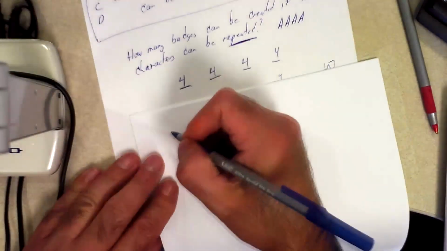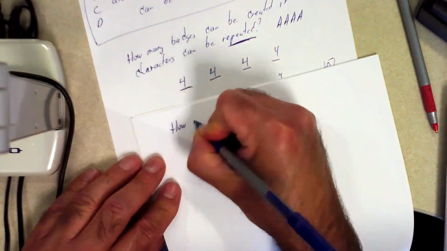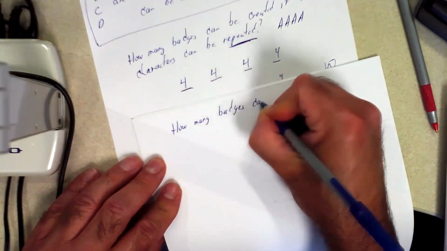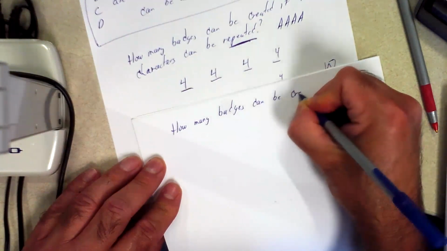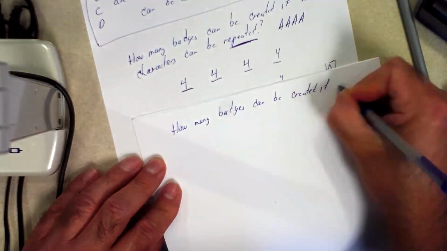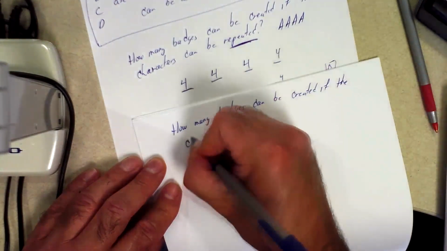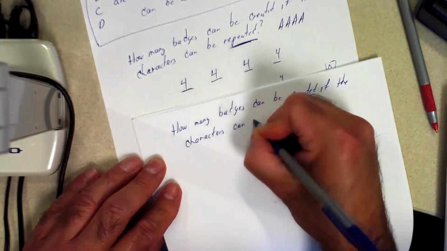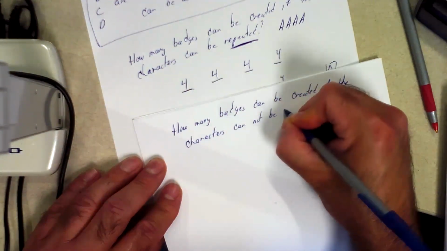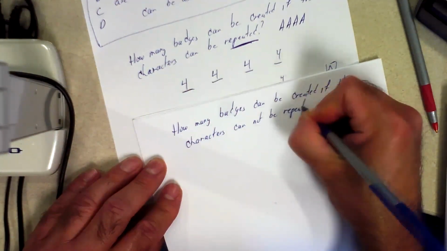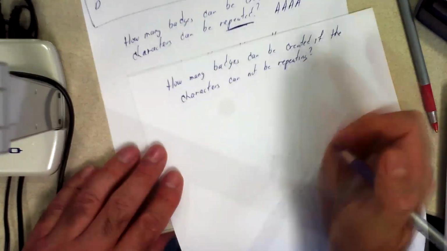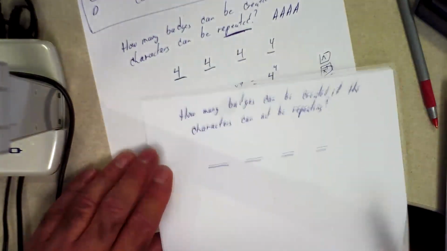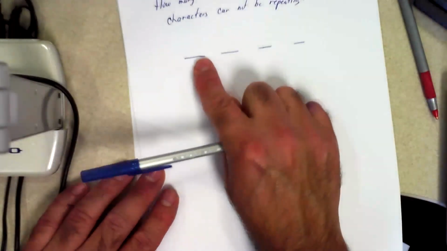So how many badges can be created if the characters cannot be repeating? All right, so you have your 4 characters, but they cannot repeat. So how many choices do I have?